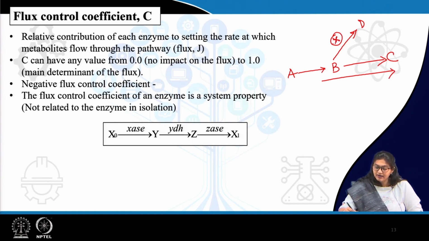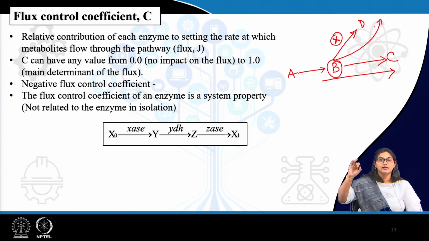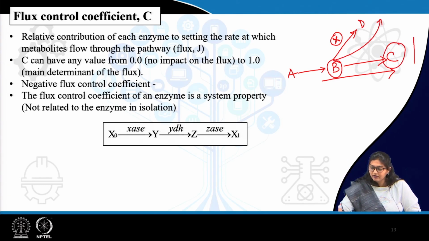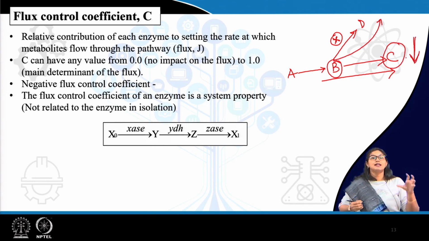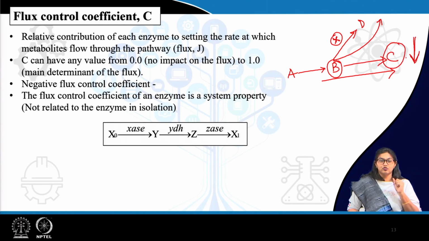Because of this enzyme X, B is actually siphoned off to the other pathway. So, the production of C will be very low. So, basically there is a negative flux control coefficient. So, the flux control coefficient can be positive as well as negative.